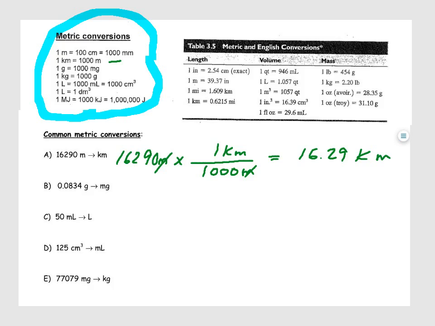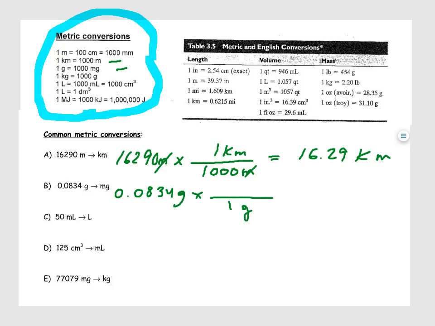For B, you've got a mass. Grams to milligrams. If you scan your list above, there's 1,000 milligrams in 1 gram. Write down what you're given: 0.0834 grams. Change it to milligrams. You're going to set up so the unit on the bottom cancels.